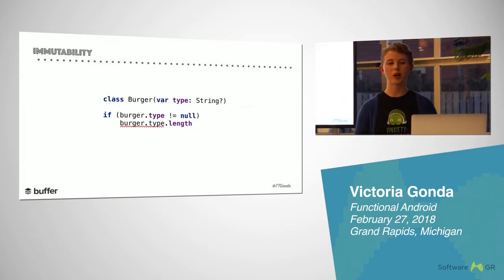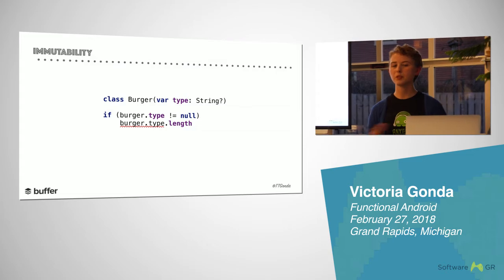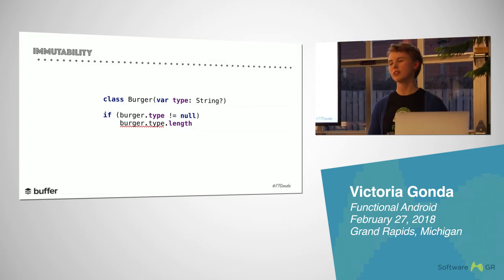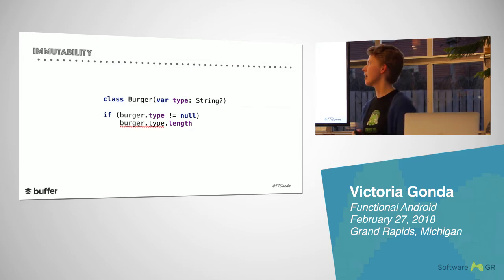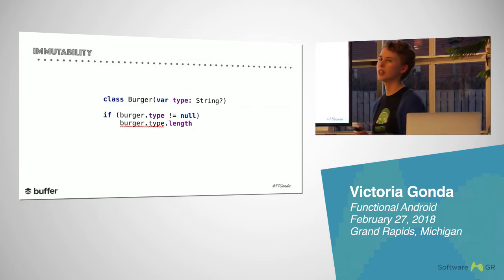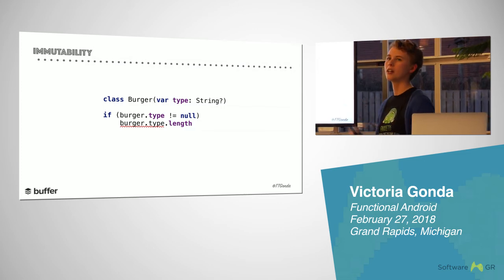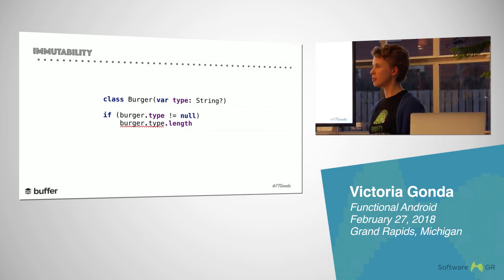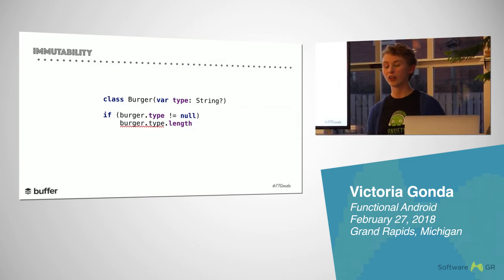Now, Kotlin has smart casting. It pays attention to if something is mutable and could be changed, even if it's on a different thread. Let's take a look at if the type is mutable again. Here we also have it nullable. That's why you see this question mark after String. Nullability is built into the type system for Kotlin. So the type stores if something can be null or not.